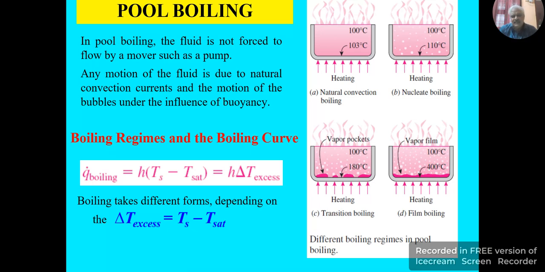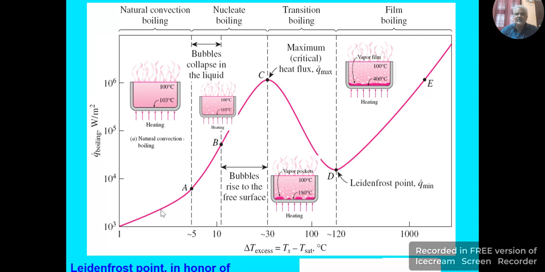So the different regions in the pool boiling are the natural convection boiling, nucleate boiling, transition boiling, and film boiling here. So this is a typical curve obtained for a platinum wire submerged in a liquid water bath, and it is supplied by electrical current.